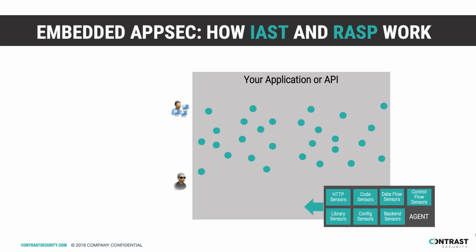If you think about how the APM companies, such as AppDynamics, New Relic, Dynatrace, and so forth, have been successful, it is with this dynamic instrumentation approach. We've taken that approach and we've used it for application security instead.